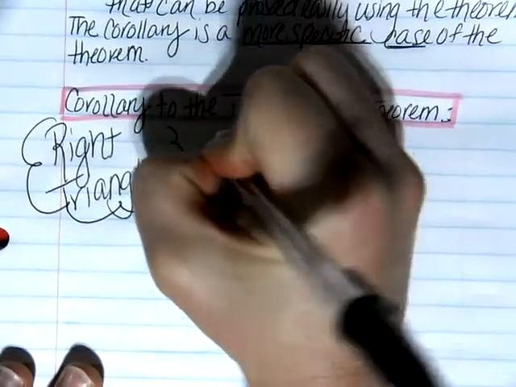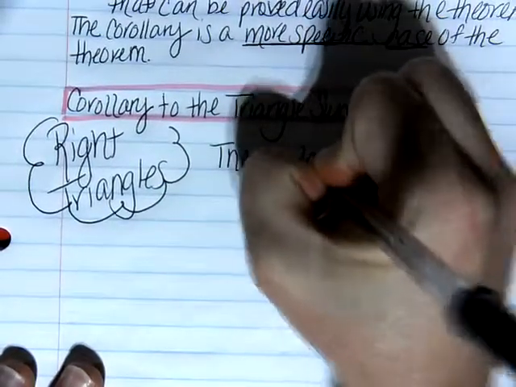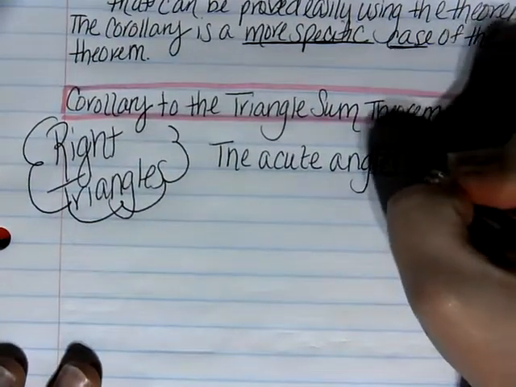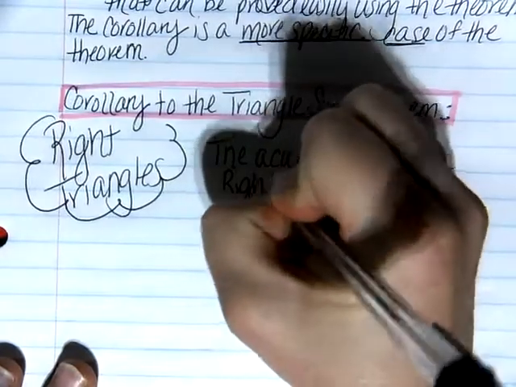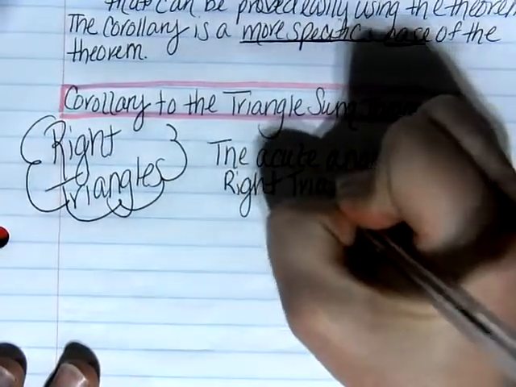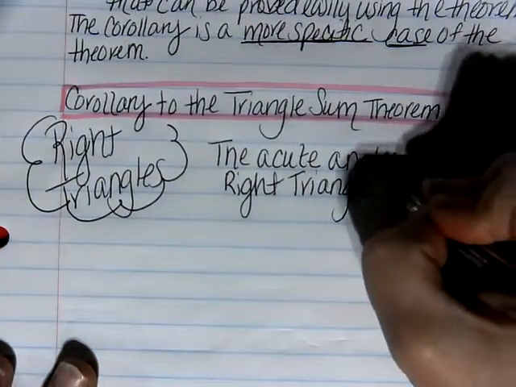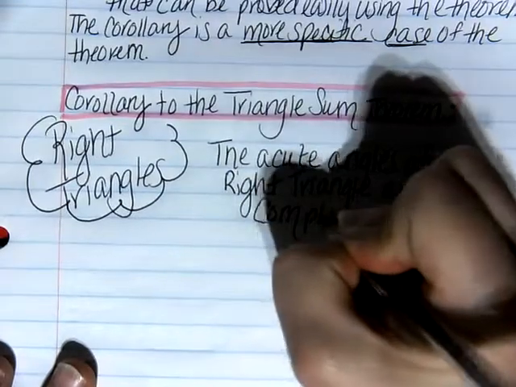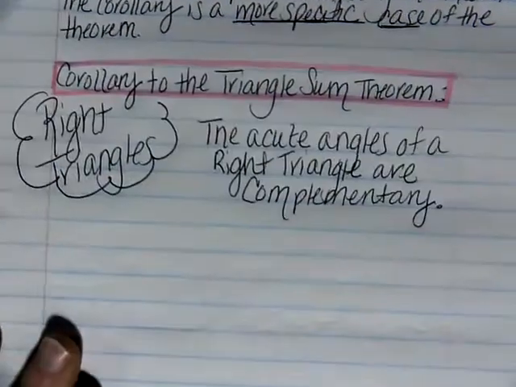The acute angles of a right triangle are always complementary. And remember what complementary means.